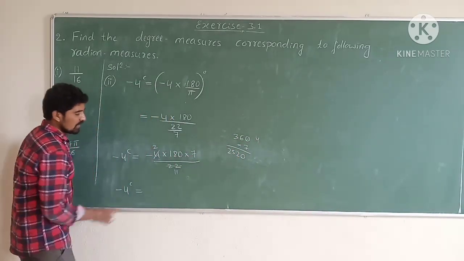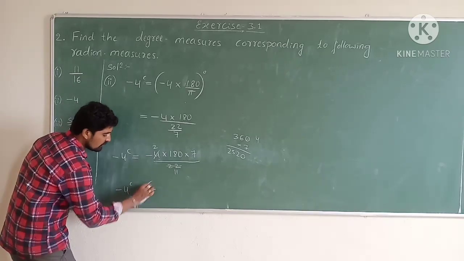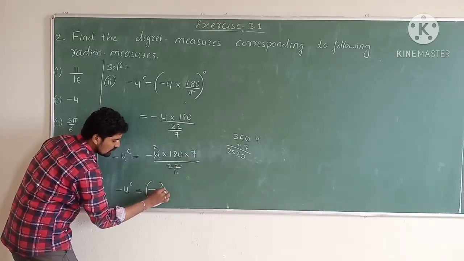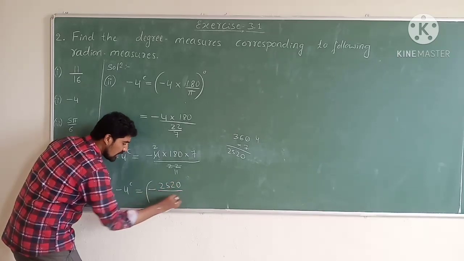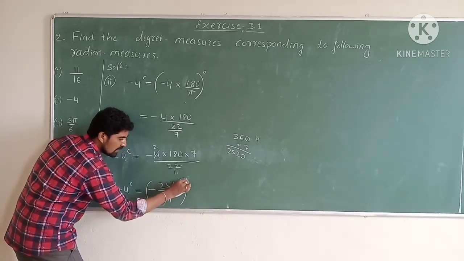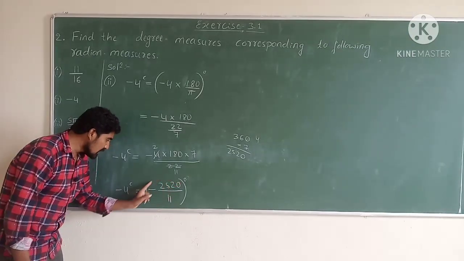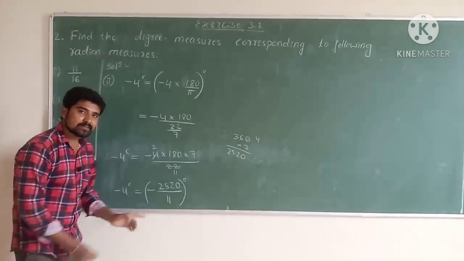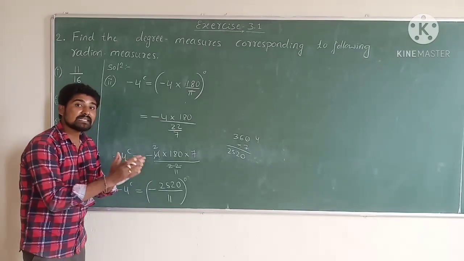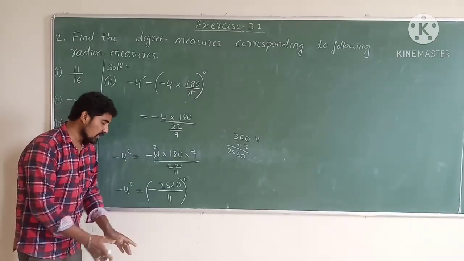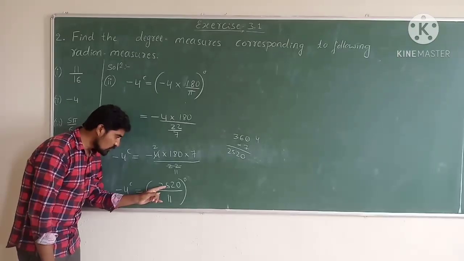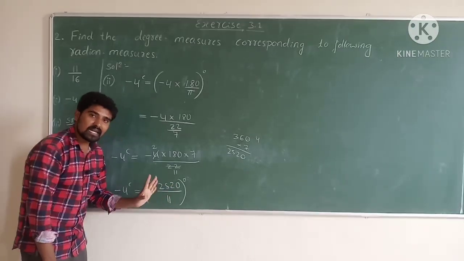Therefore minus 4 radian is equal to minus 2520 divided by 11 degree. Now we need to split this entire degree into minutes and seconds. So for that we need to divide 2520 by 11.